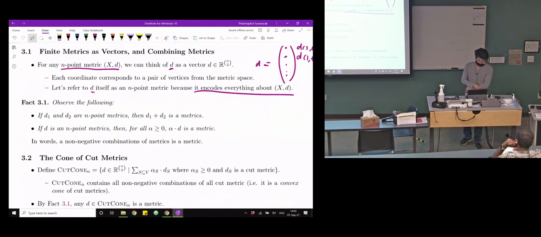Observe the following. If you have two metrics, D1 and D2, if I sum them up entry-wise, this sum is a metric as well, right? Maybe can someone tell me why this is true?